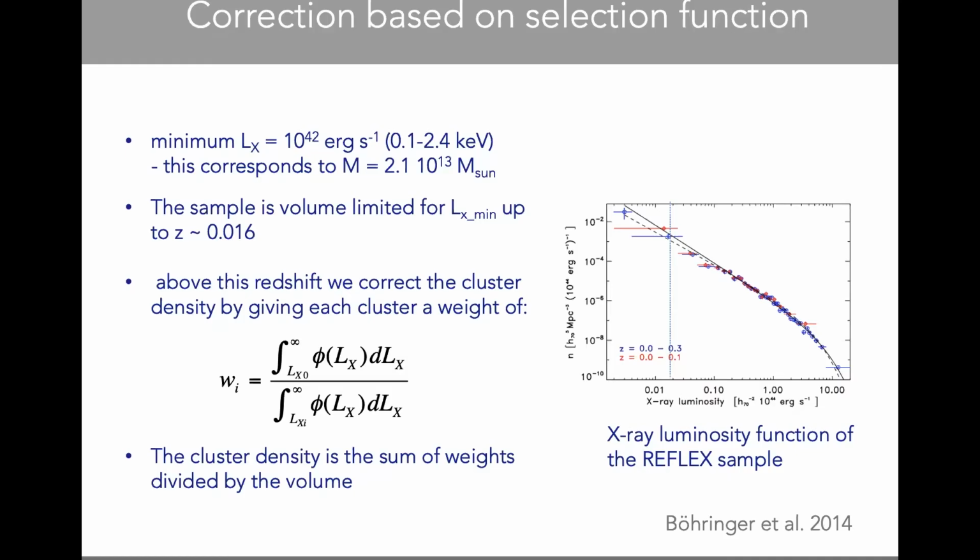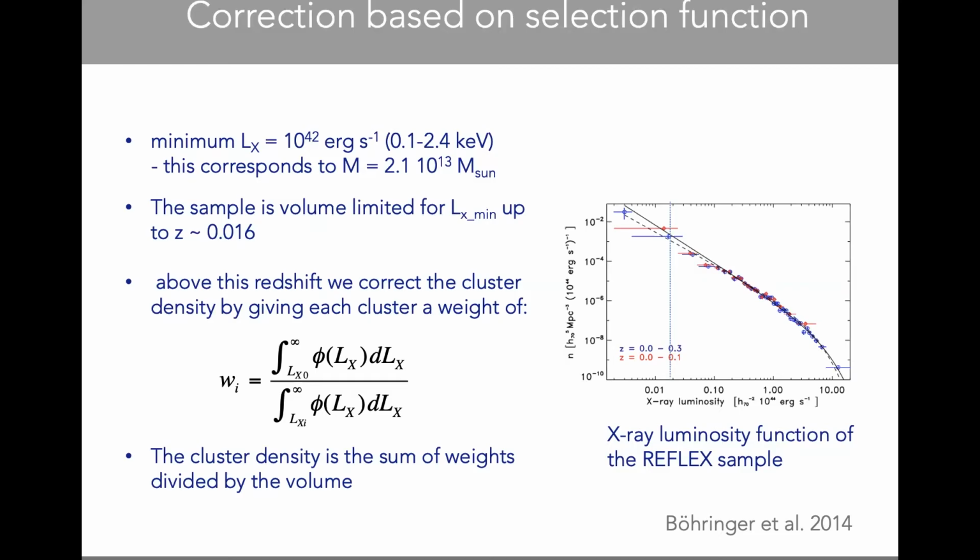So in effect, if we go out to larger redshift, we are volume limited. We have all the galaxy clusters at this minimum luminosity only out to about 0.016, and then the lower limit for the X-ray luminosity increases.